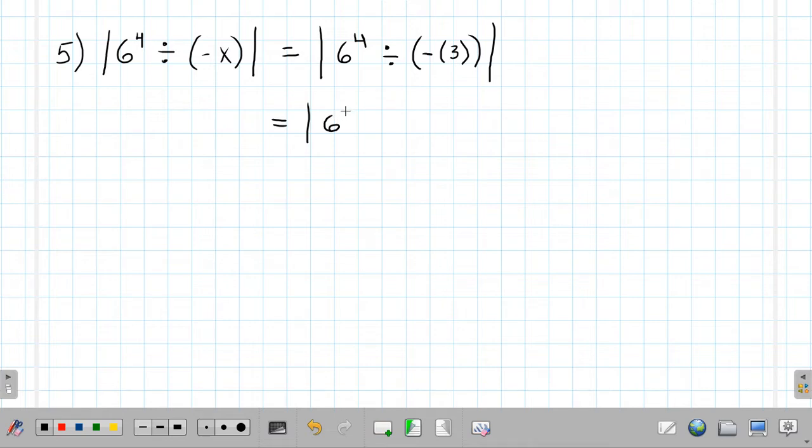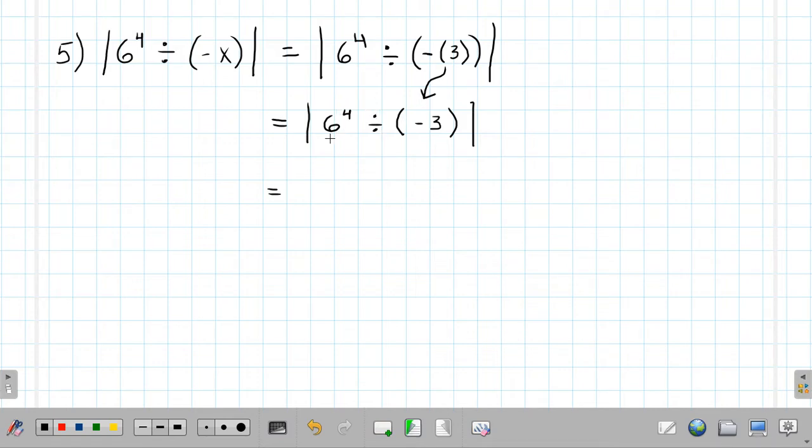So 6 to the 4th divided by, well, in this case, what is the opposite of a positive 3? That is going to be a negative 3. So all we did was take the opposite of the positive 3 there and make it negative 3. So now we've got, of course, absolute value, but then we have exponents and division.